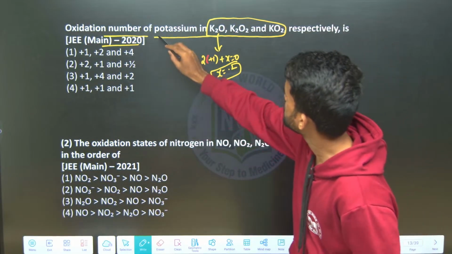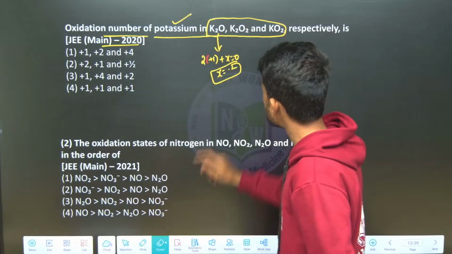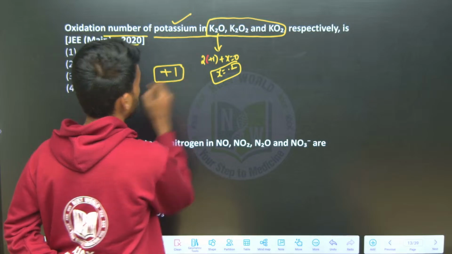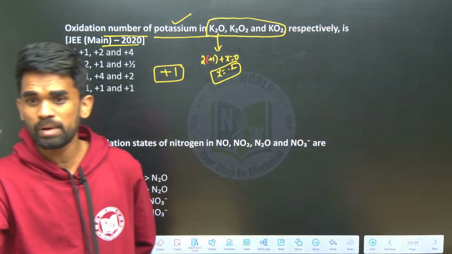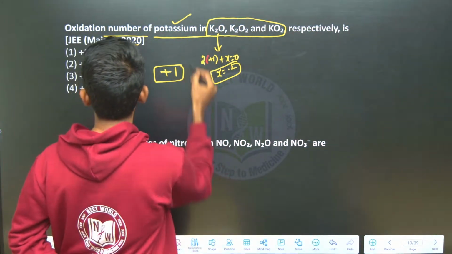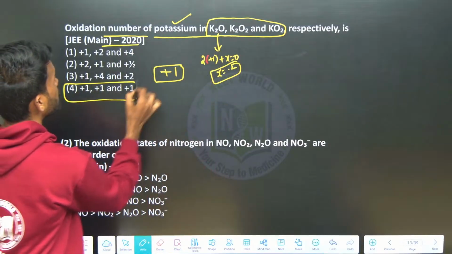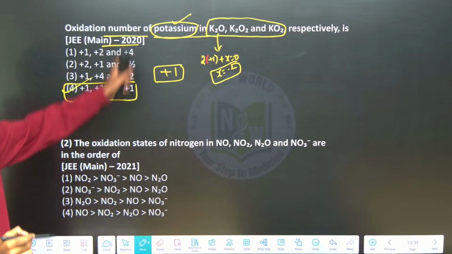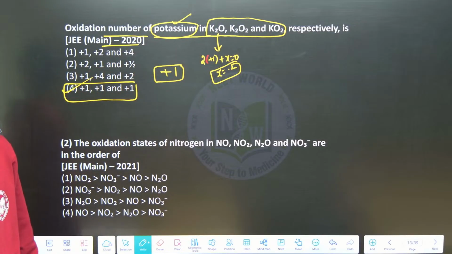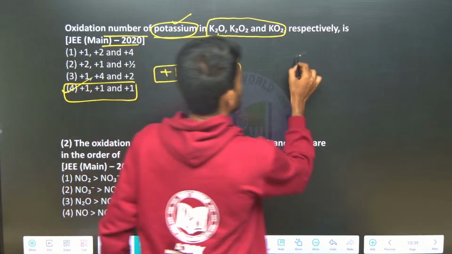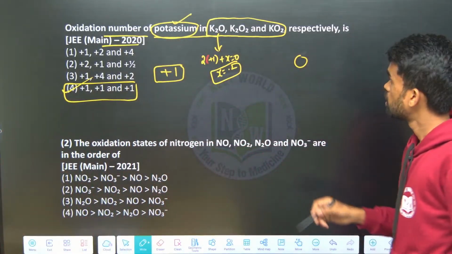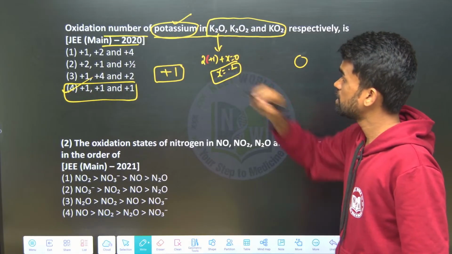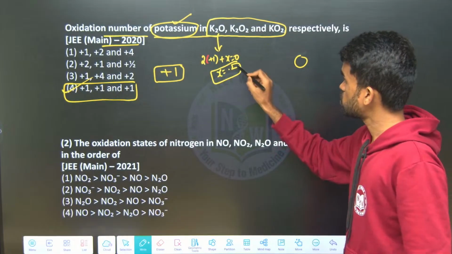They are asking the oxidation number of potassium. So if they are asking the oxidation number of potassium, it will always be plus 1. For alkali metals it will always be plus 1. So in all options it should be plus 1. But if I ask for oxygen, tell me the oxygen oxidation states. In this case minus 2, already we calculated.